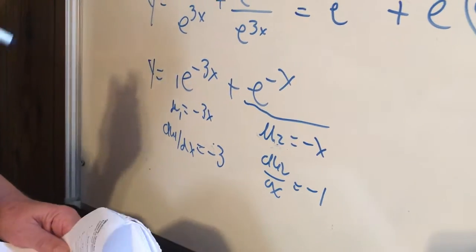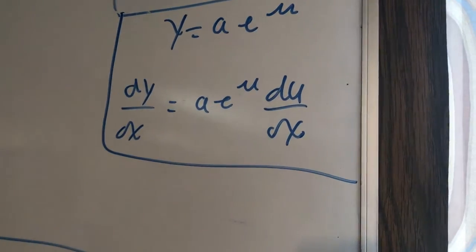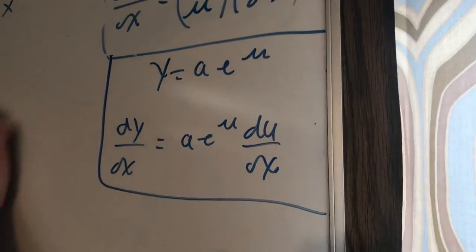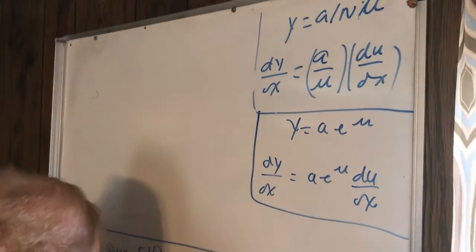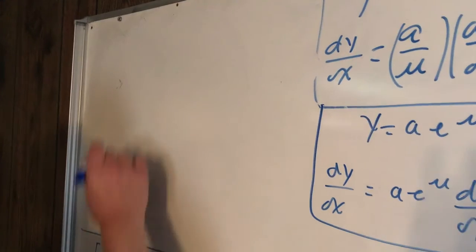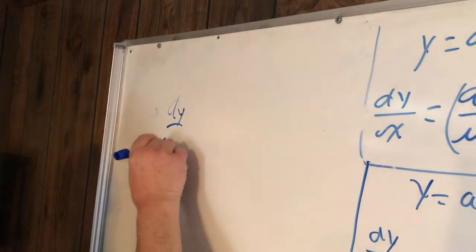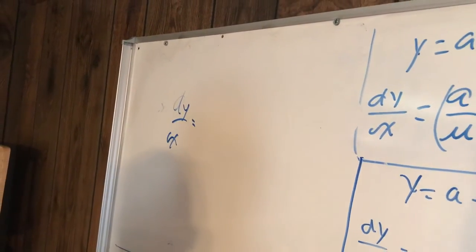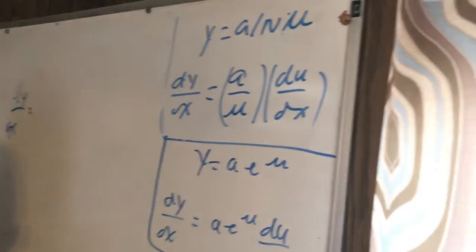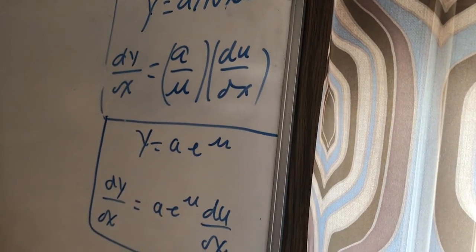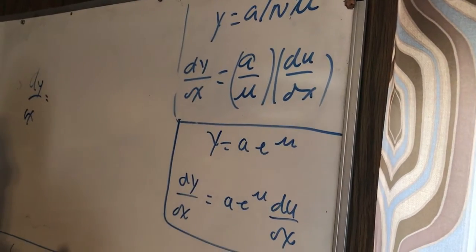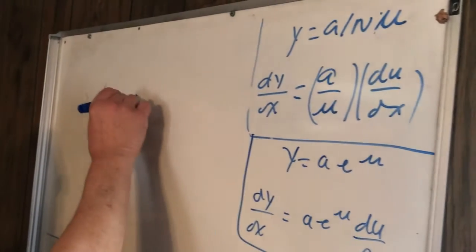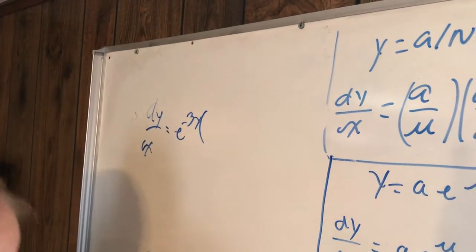Now I'm going to substitute these in the exponential rule. Notice what I've done is simplify this a lot. So what we get here is dy dx equals, for the first one, a e to the u du dx. The first one is a equals 1, u equals minus 3x, so it's e to the minus 3x, and du dx is minus 3.